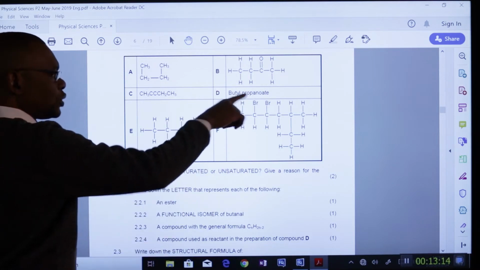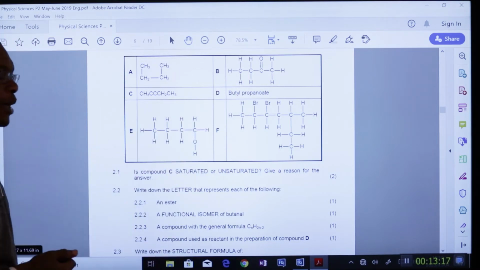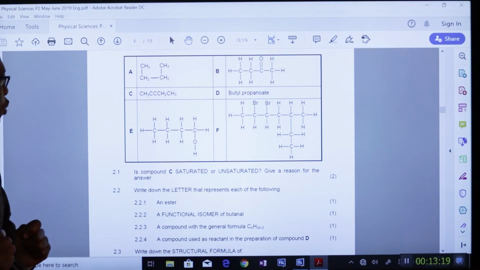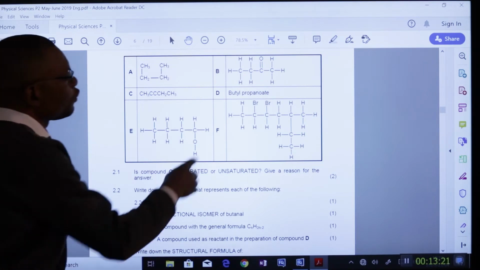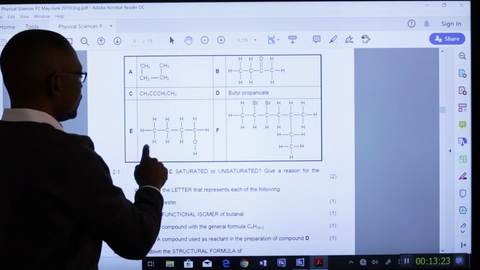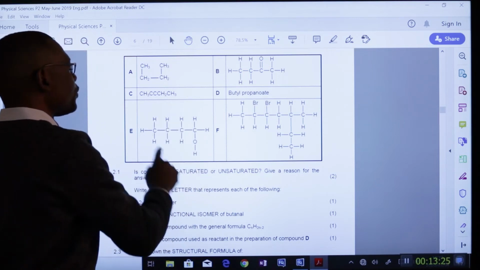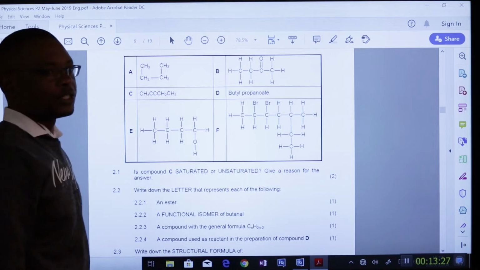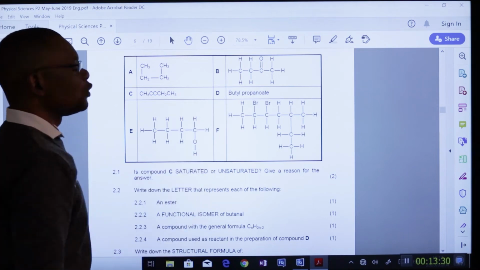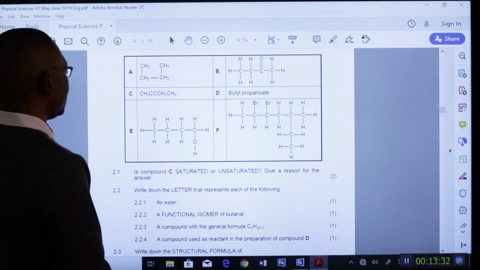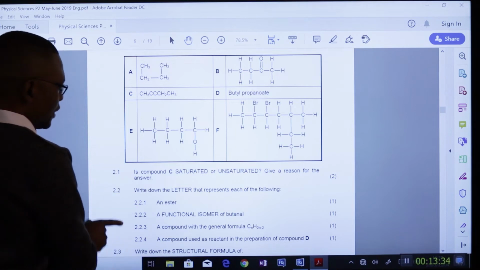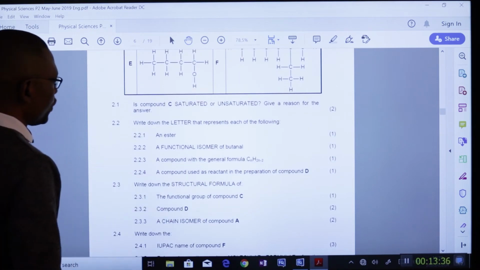This is butyl, so it means that something should come from a butane, butanol. If you look at all these compounds, this is 1, 2, 3, 4, this is butanol, which can be used to make butyl propanoate. So yes, letter E will answer 2.2.4.